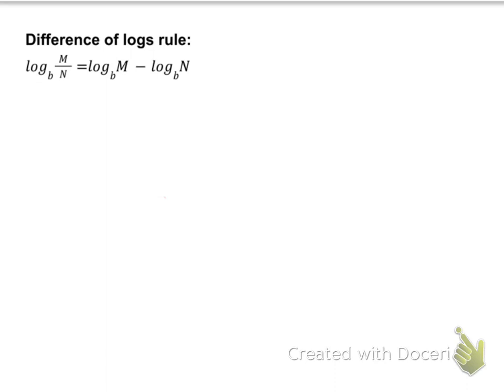And if I go here, now we're going to go in reverse. If you see subtraction between them, that means you're going to divide. So log base 2 of x minus log base 2 of 3.